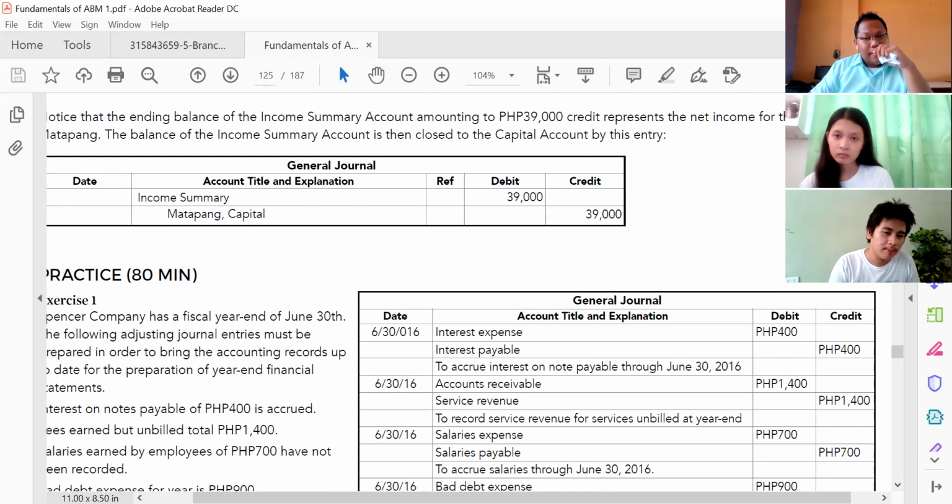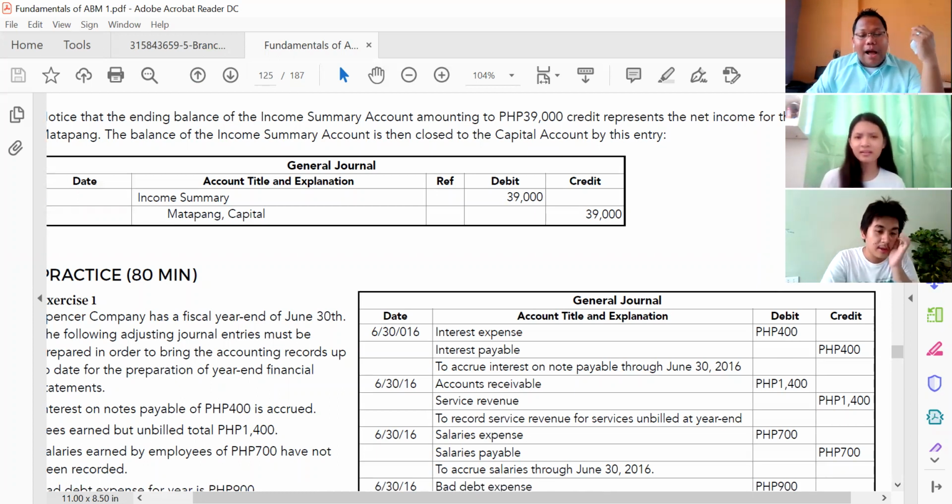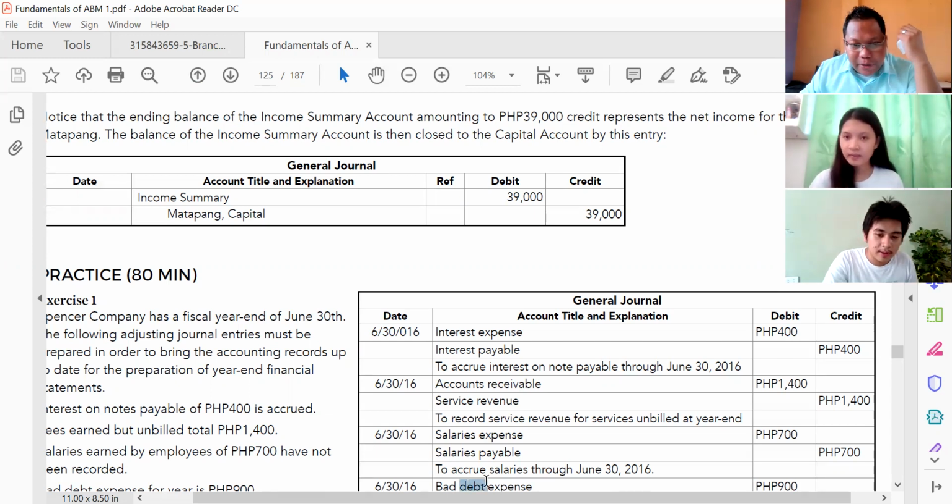How do you read this word, Nathan? Bad debt. I already told you last time not to read that as "debt." Bad debt expense. And then how do you end this? What's on credit? Bad debt expense and cash.